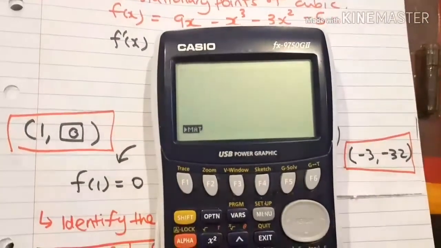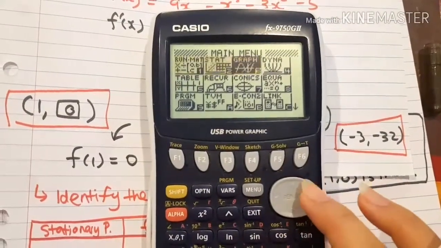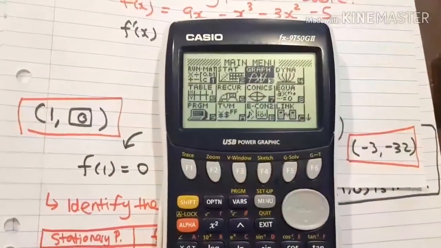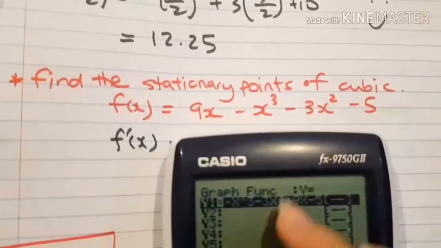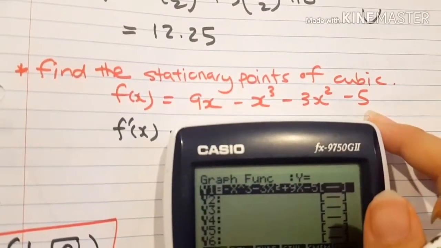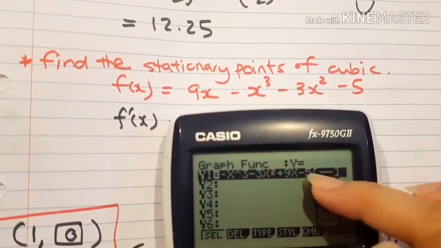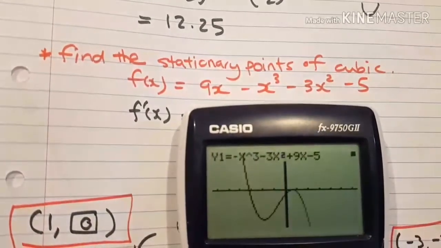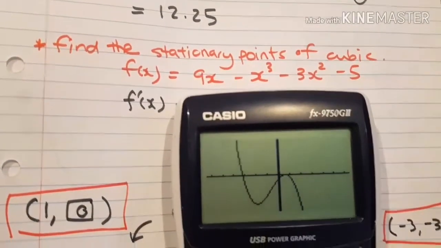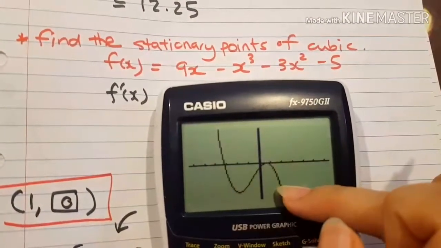The way to check it is go to menu. Go to graph, which is number 3 for mine. What I entered is the original equation, the cubic f(x), I just re-entered it in here. Enter. There you go. You can see the full graph of the cubic.